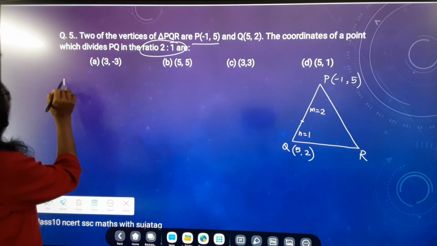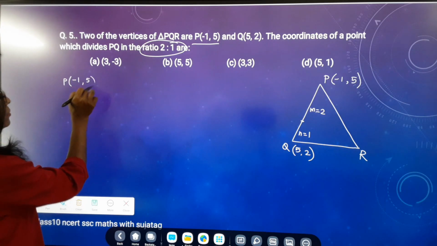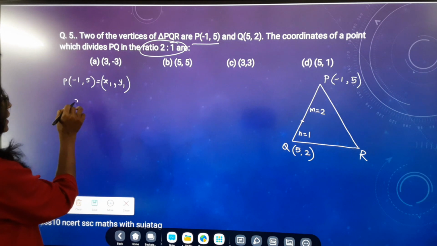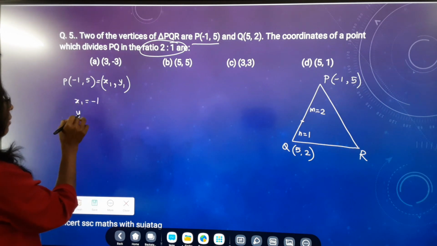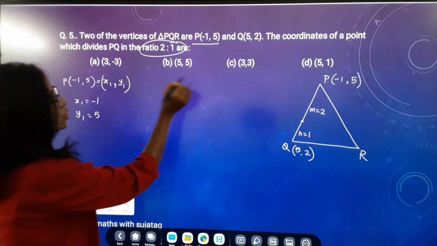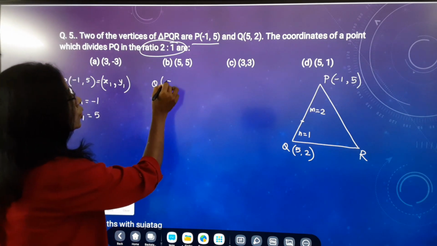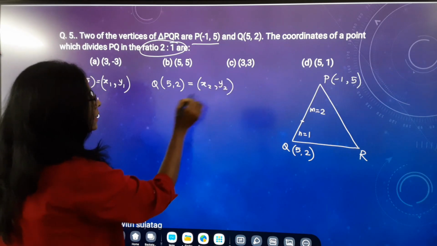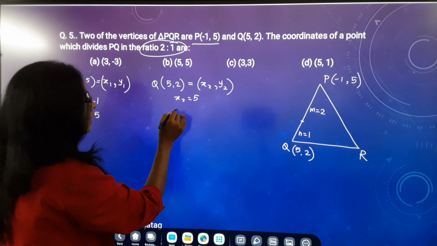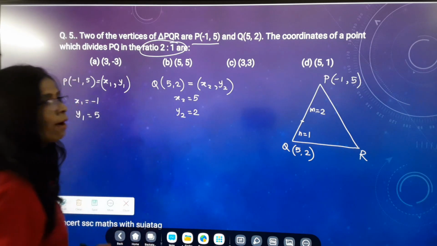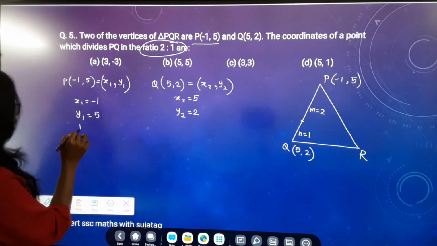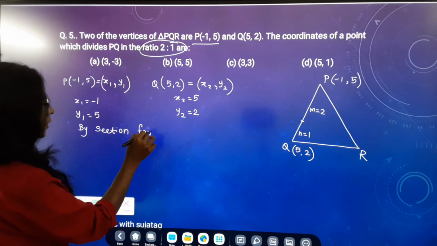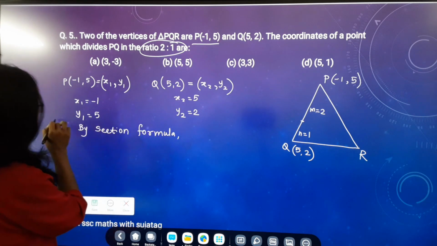So first I write P(-1, 5), that means consider it as x1, y1, that is x1 is equal to -1, y1 is equal to 5. And here, students, the second point is Q(5, 2), consider it as x2, y2, and x2 is equal to 5 and y2 is equal to 2. So now by the section formula, what is the section formula?